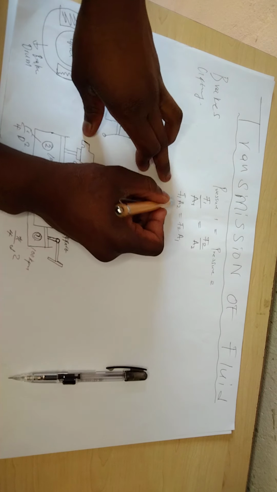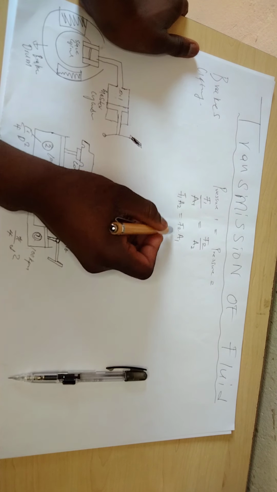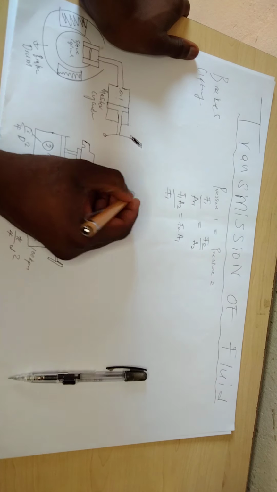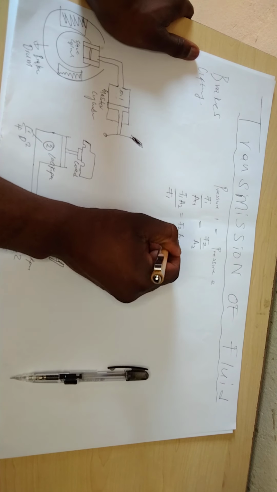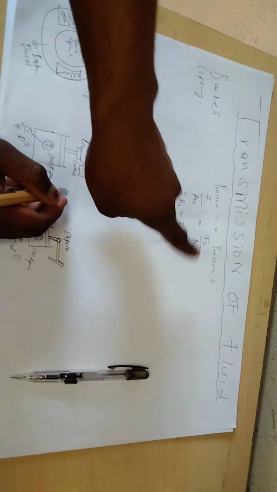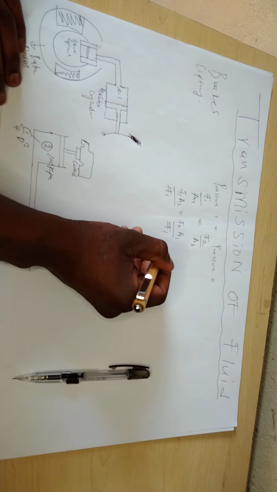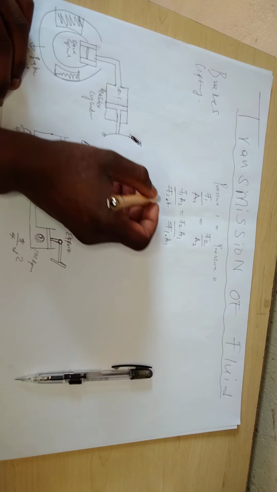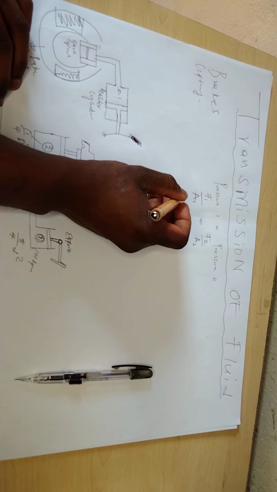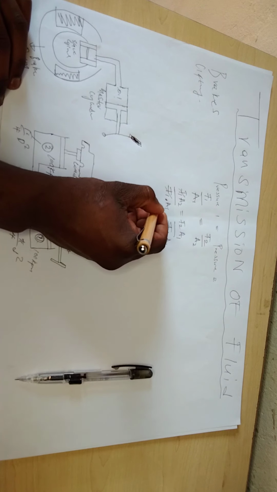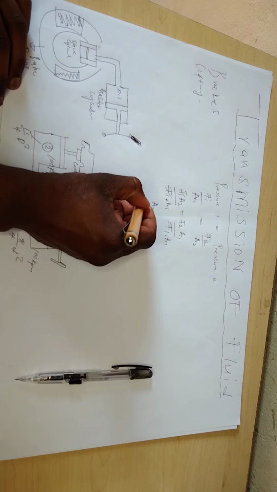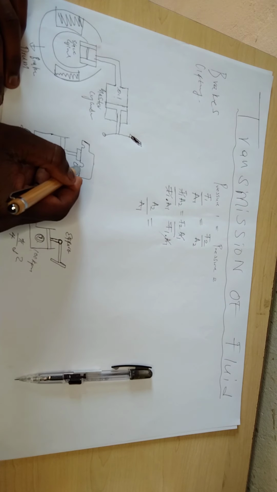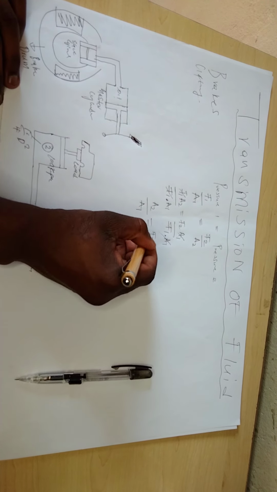So it means here, let us divide. You can divide with either, but I'm deciding that here, let me divide with F1. I divide with F1 and I divide with F1, right? And on this side, I divide with area 1. Meaning on this side, F1 will simplify F1, then I'm left with A2 over A1. And on this side, A1 will cancel A1, then I'm left with F2 over F1.